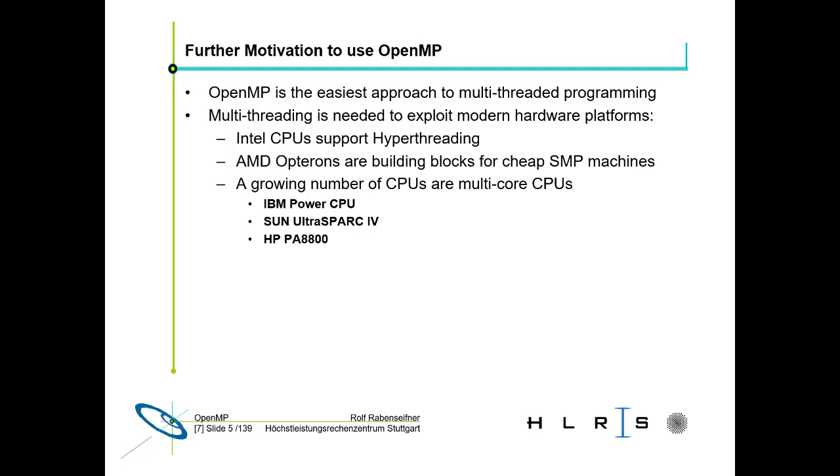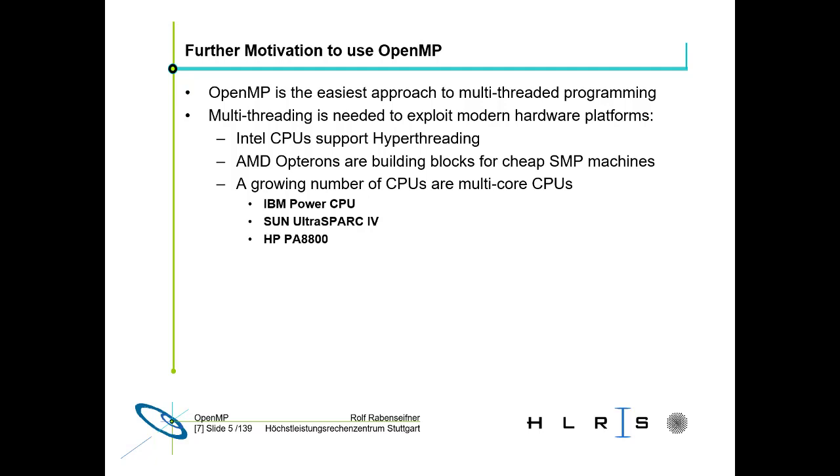OpenMP is the easiest approach to multi-threaded programming. It is actually easier than what you would do with pthreads, the fork-join model and so on, where you have to take quite a lot of care in order that things are correct and that your code doesn't crash. So OpenMP makes that a lot easier. Multi-threading is required to exploit modern hardware platforms.